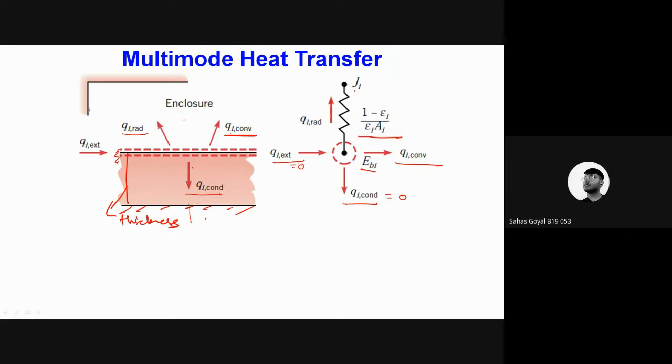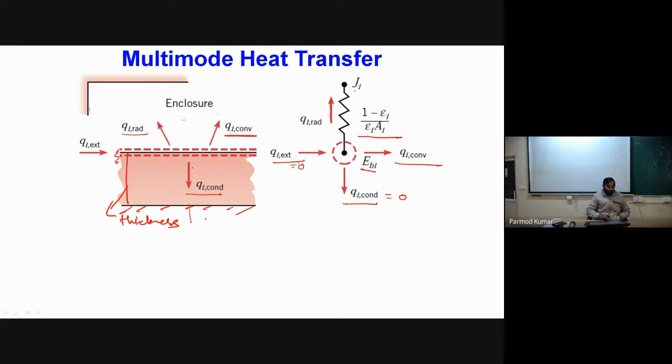Yes, sir. Now, one more thing I would like to highlight. Till now, whatever radiation exchange we have studied between, say, surface 1 to 2, even if we have some medium, say air in our surroundings, we have not considered the participation of this surrounding medium in the radiation exchange. If you recall my first lecture on radiative heat transfer, I told that for solids and liquids, we can consider radiation to be a surface phenomenon.